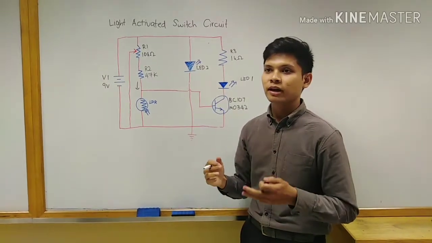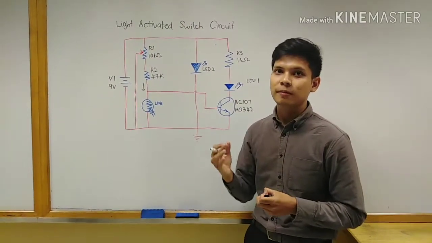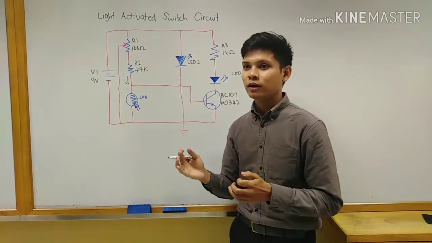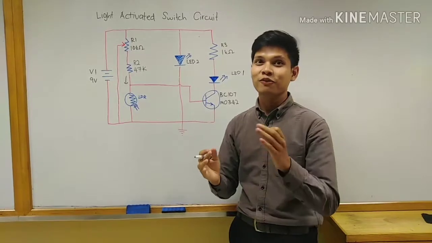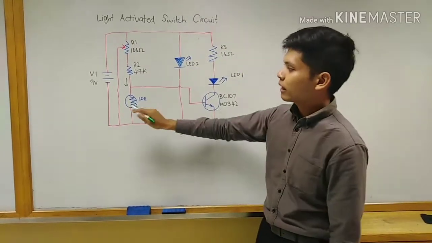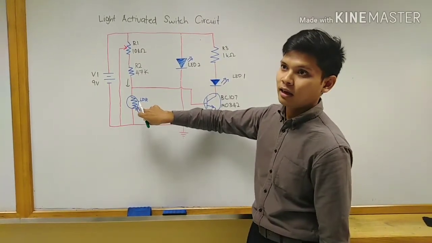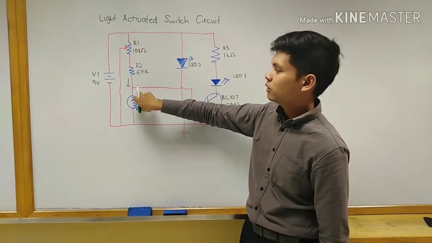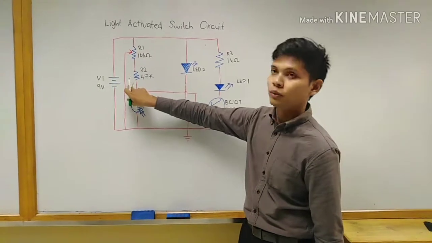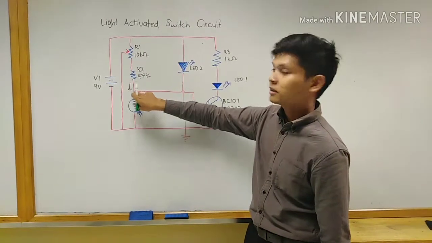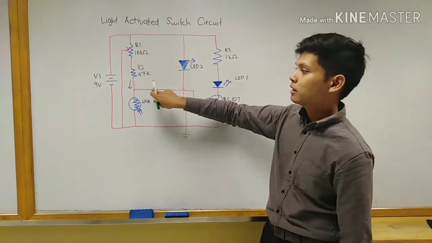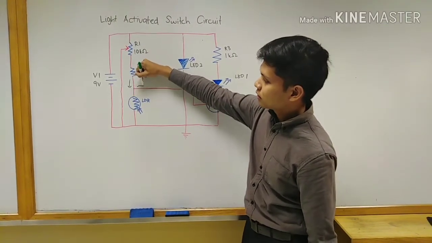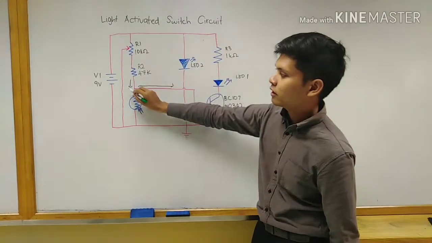The main principle of current is that it will choose the path with the lowest resistance. At night, the current is huge here, so the current will choose an alternate path that offers lower resistance. The current will travel through here instead of here.